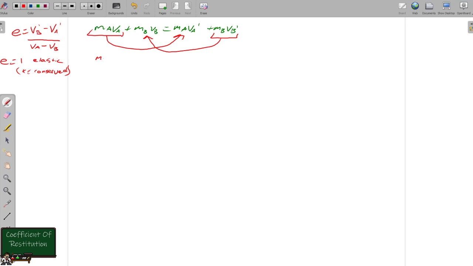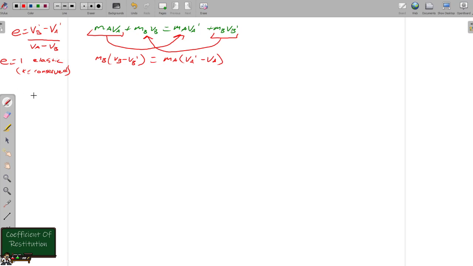So this is going to give me MB (VB minus VB prime) when I pull out the mass, and MA (VA prime minus VA) on the opposite side of the equation.